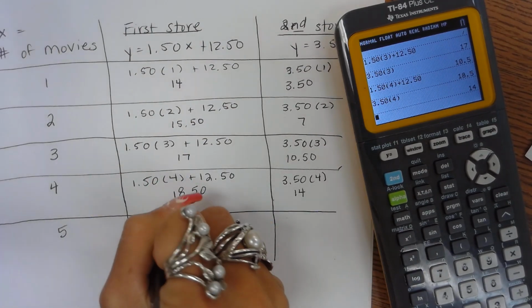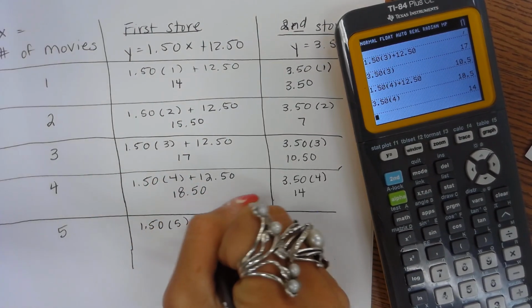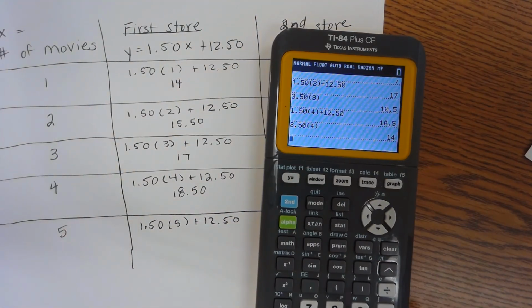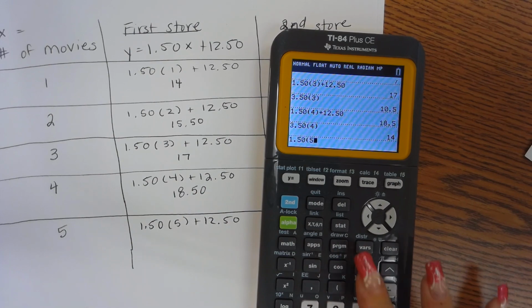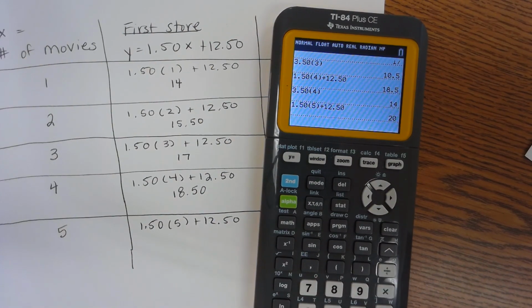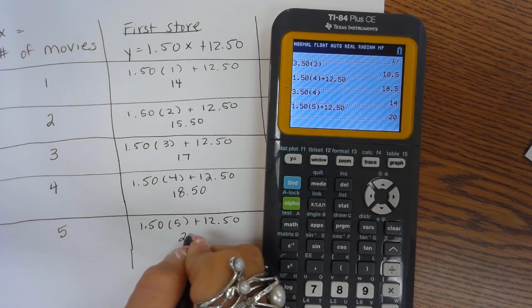It's $1.50 times 5 movies plus $12.50 into the calculator, and we get 20.